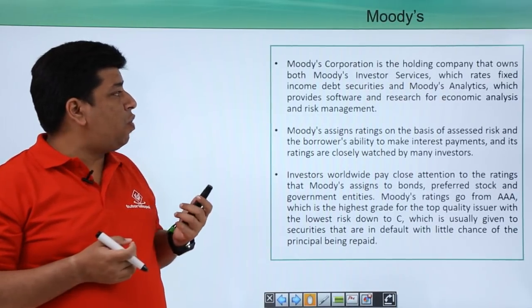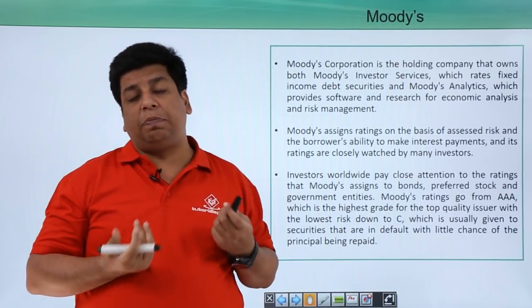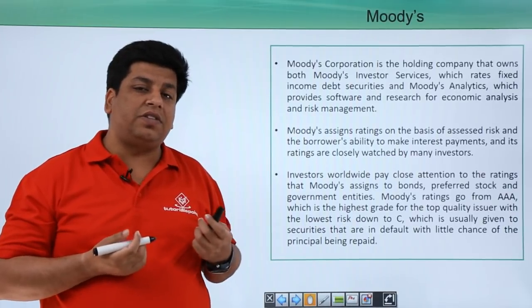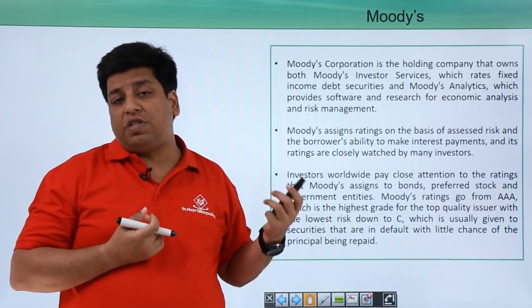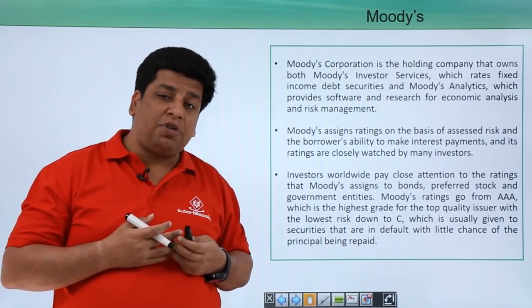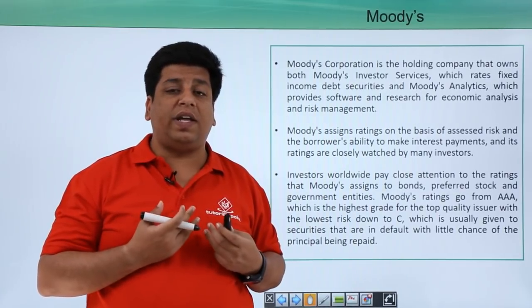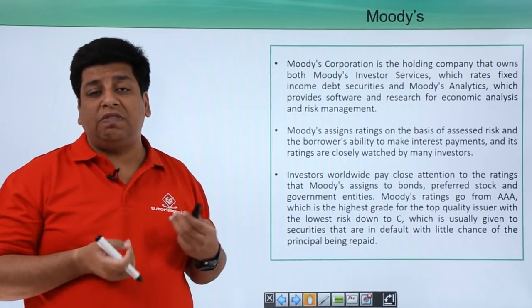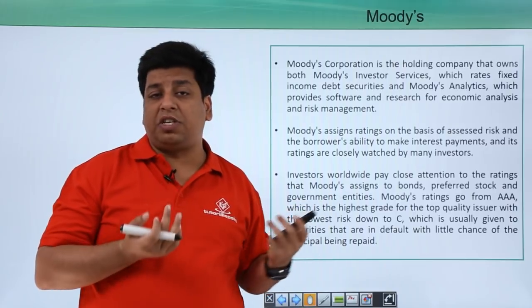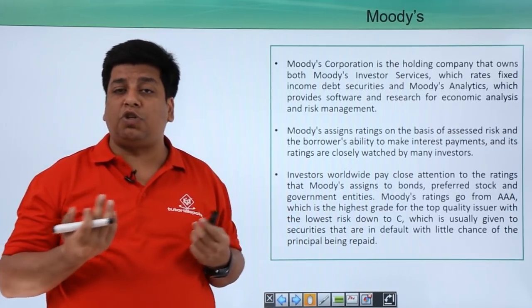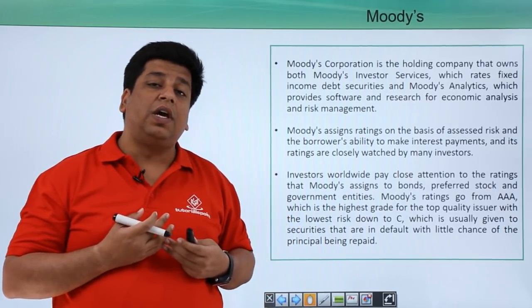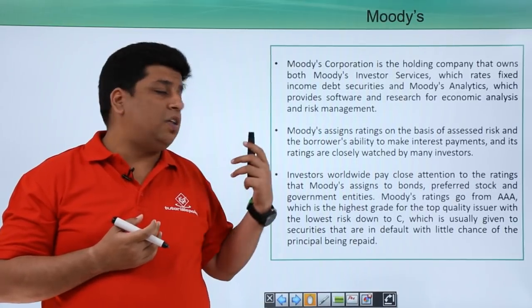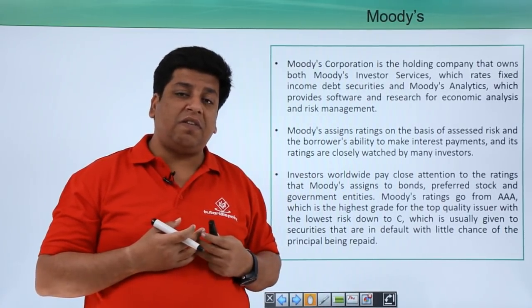Moody's Corporation basically started in the year 1907, when its founder L.M. Moody established this company. He thought that different investment opportunities should be evaluated on certain parameters, and with this idea the company was formed in 1907.